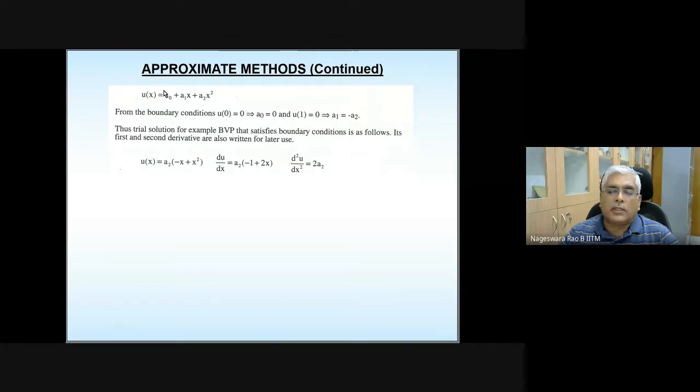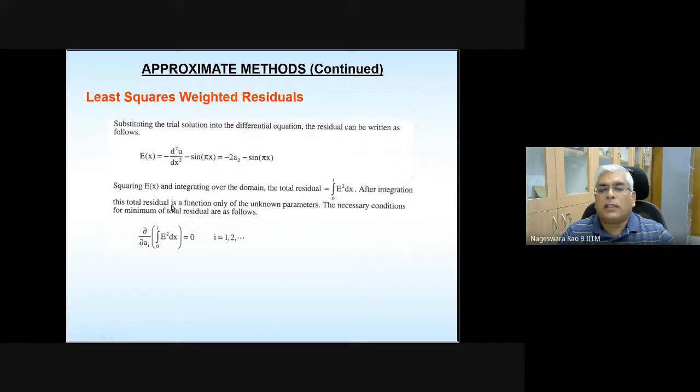Admissible solution is going to have some unknown parameters to be determined, and this admissible solution, you need to take required number of derivatives and substitute into the error function. This is the error function.